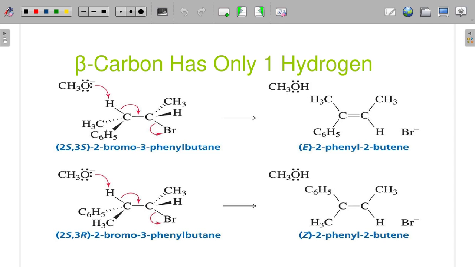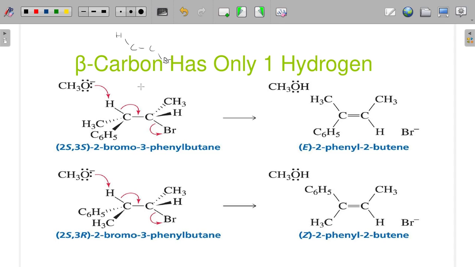Now, when this molecule was drawn out, the book goes out of their way to put the halogen and the hydrogen on the same plane, and then everything else is wedged out or dashed in. But they went out of the way to do that backbone because that gets it on the anti-periplanar structure. But when we draw like that, what's going to happen is the two wedged things end up on the same side, and the two dashed end up on the same side.